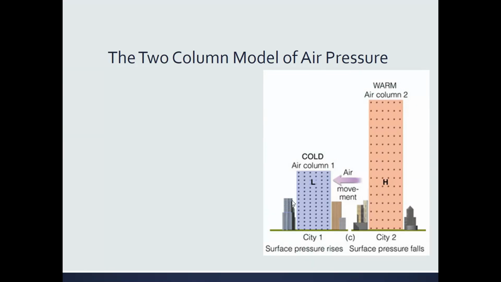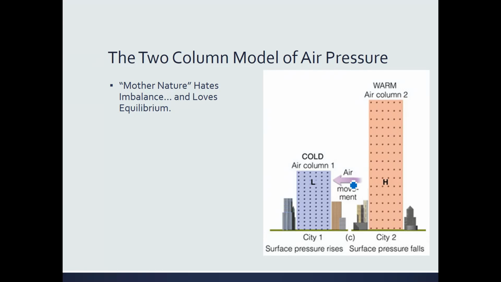Now, let's suppose that we allow air to travel just between these two columns. So now we're adding a complexity to our model. We've made one change to it. We're now allowing air to travel. Well, based on the pressure gradient force, what we talked about earlier, air is going to travel from the area of high pressure to the area of low pressure.